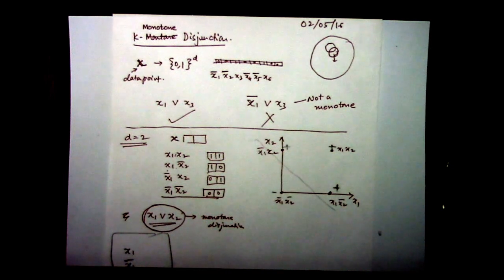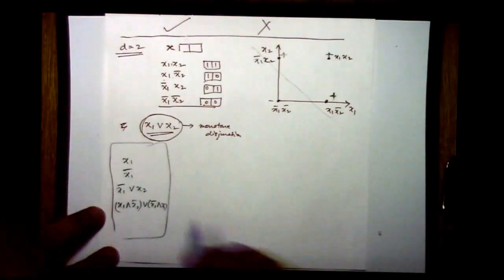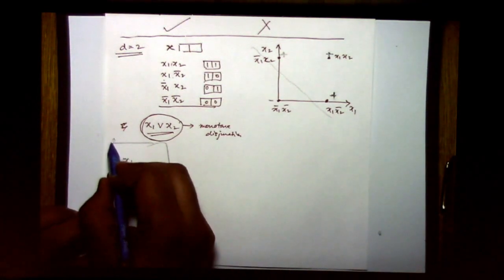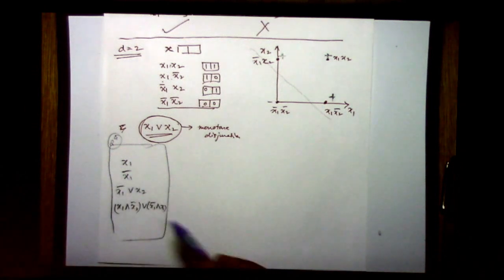You could have a concept like x1 bar or x2. You could have a concept called x1 and x2 bar, or x1 bar and x2, and so on. So in principle you can have 2 power 4 concepts, 2 power d, if you remember, for this 2-dimensional data set.